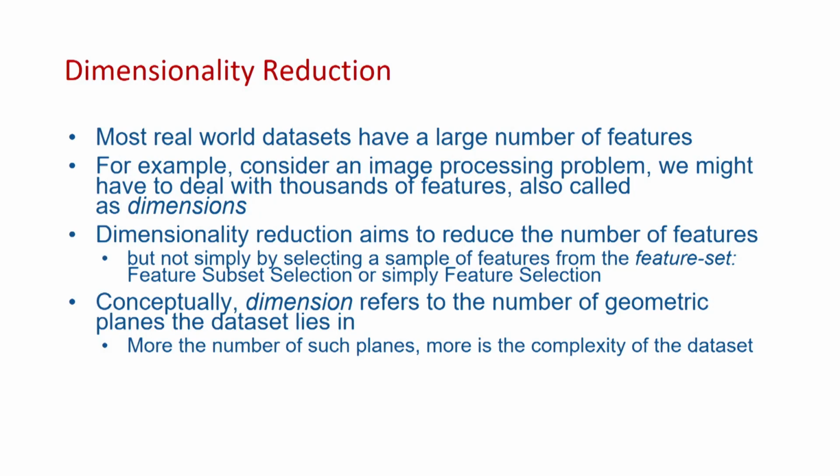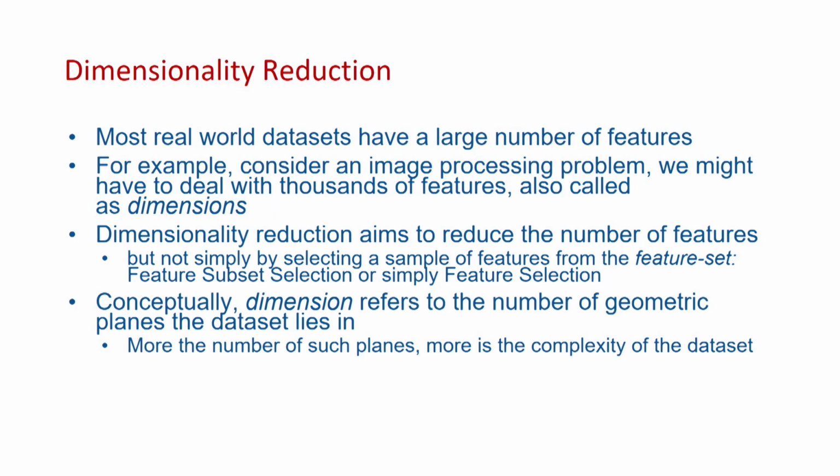The second feature of the new data set may be a combination of a few other features in the original data set, and finally the number of features in the new data set will be less than the number of features in the original data set. This is the task of dimensionality reduction techniques. They convert the original large data set into a small data set, small in terms of number of features.